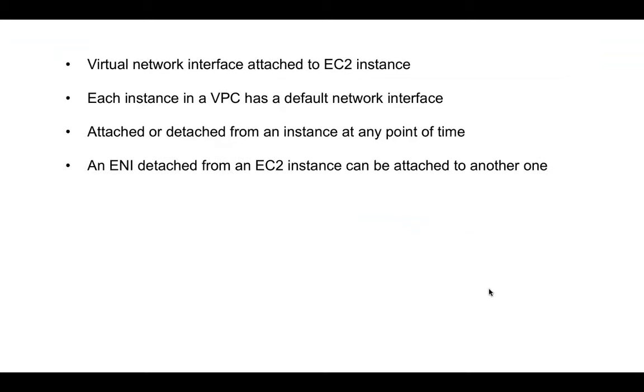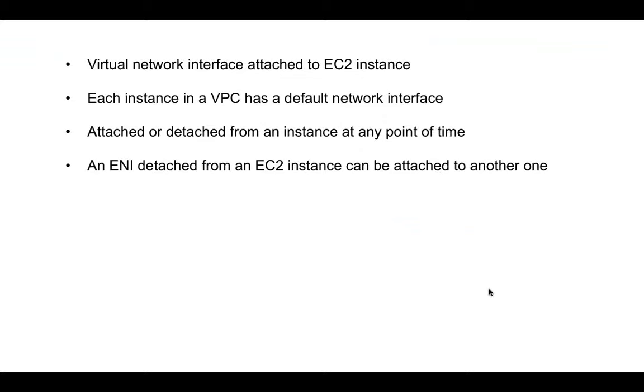An ENI that you detach from an EC2 instance can be attached to another one. It's the same thing that we have seen in the elastic IPs. We can perform this association and disassociation, but the only difference is that we can play with the elastic IPs within the region.